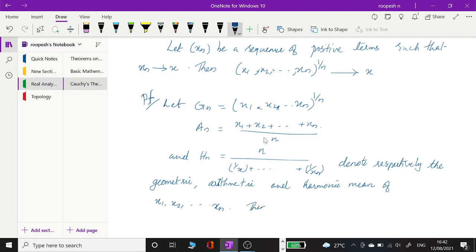Then what is the inequality connecting these three? Which is the least one? Harmonic mean, right? So Hn is less than or equal to Gn, which is less than or equal to An. So arithmetic mean is going to be the highest one.